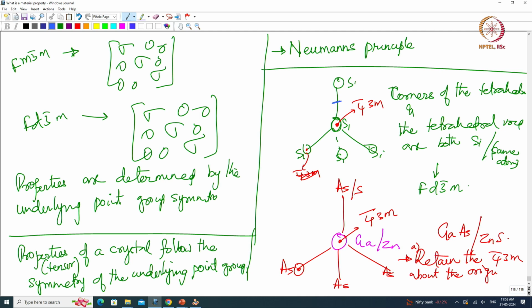I am removing this guy, right. So, this point here is a point of centrosymmetry, or I have a 1 bar symmetry about that point, right. But right now, if I take this point, on the other side of this point I have arsenic, on this side of this point I have gallium. So, I have removed the centrosymmetry, right. I have retained 4 bar 3m, but what I have instead done is I removed centrosymmetry, which was otherwise existing between these bond centers, right.